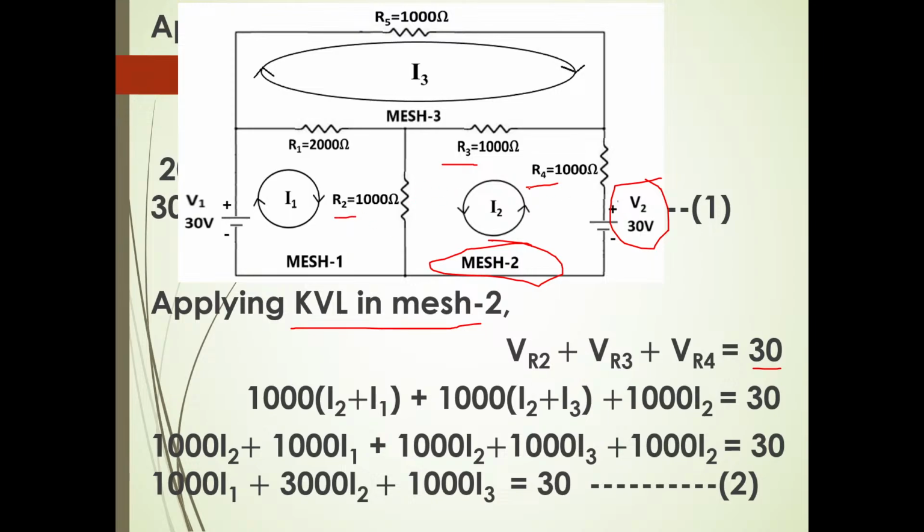So 30 is equal to voltage drops across all the elements in this mesh 2. What are all the elements? R4, R3 and R2 are there. Total 3 resistors, 3 passive elements, 3 voltage drops.